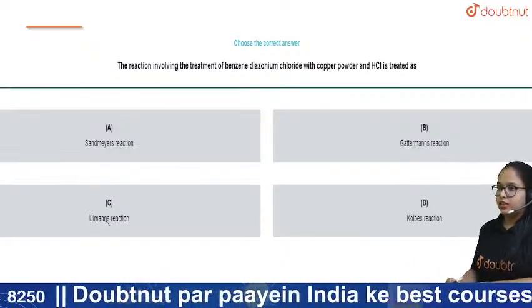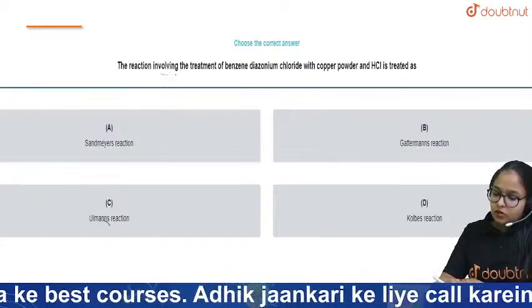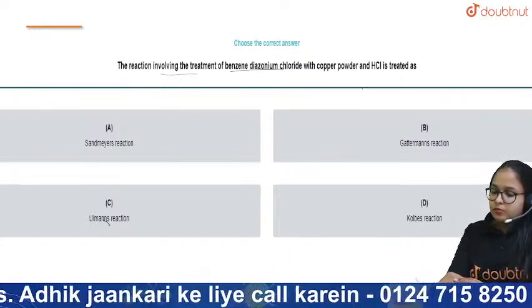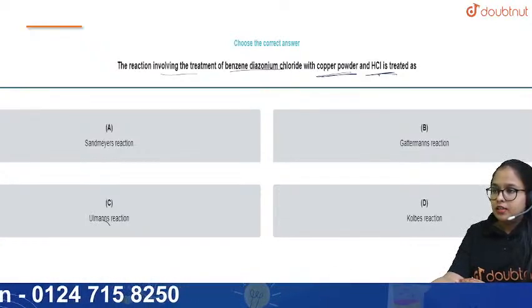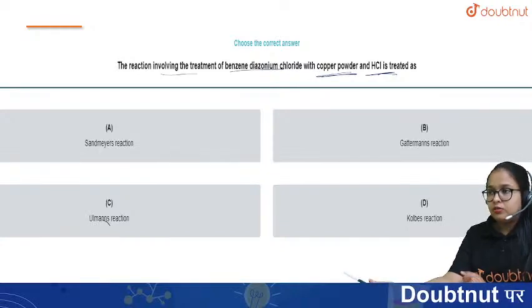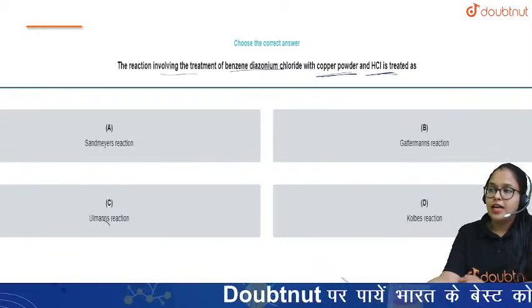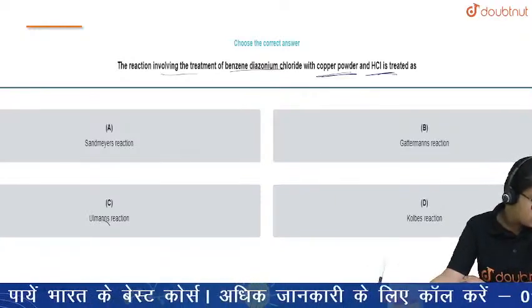If you aren't able to see, I'll move a bit. So the reaction involving the treatment of benzene diazonium chloride with copper powder and HCl is termed as. Whenever you treat benzene diazonium chloride with copper powder and HCl, you have to tell me the name of the reaction.